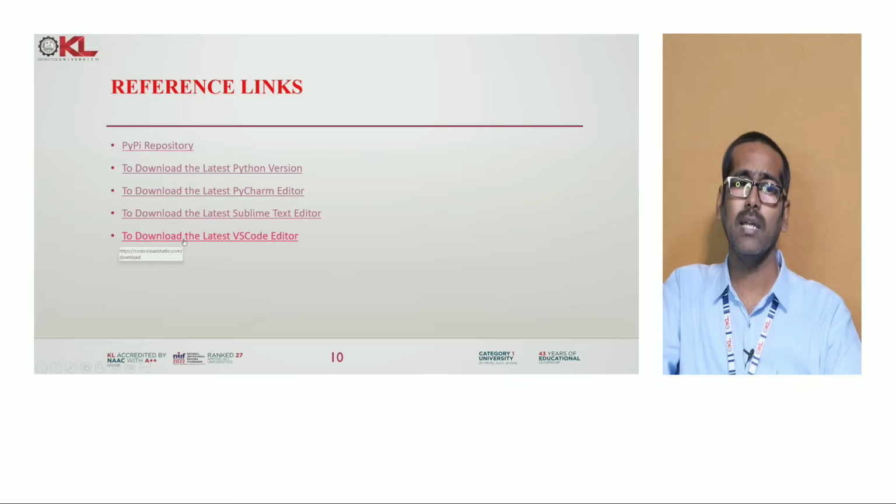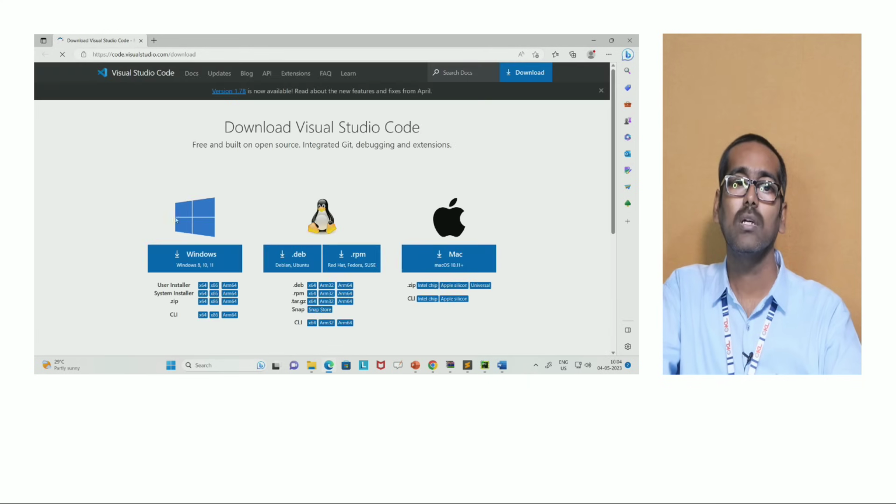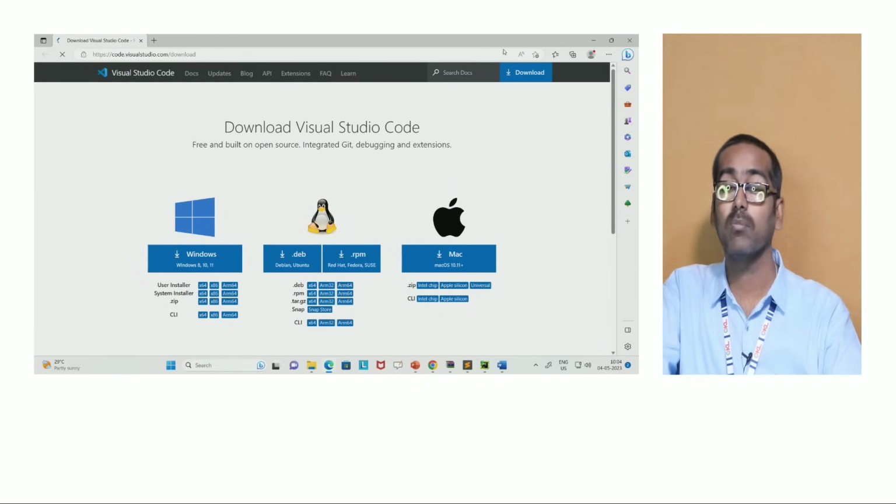Next, most people nowadays use the VS Code editor for developing web applications, and VS Code is also popular for developing Python applications especially. So you can choose either VS Code or PyCharm, and you can choose Windows for our application.